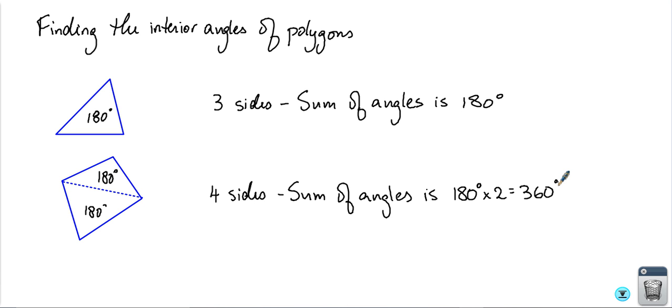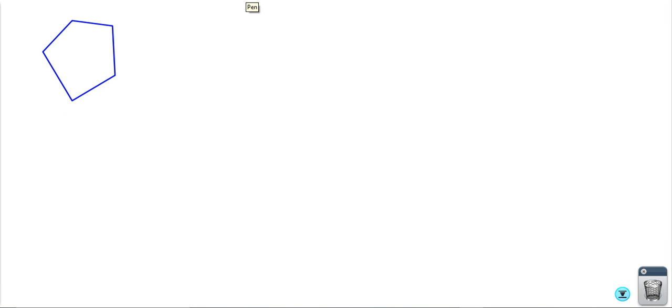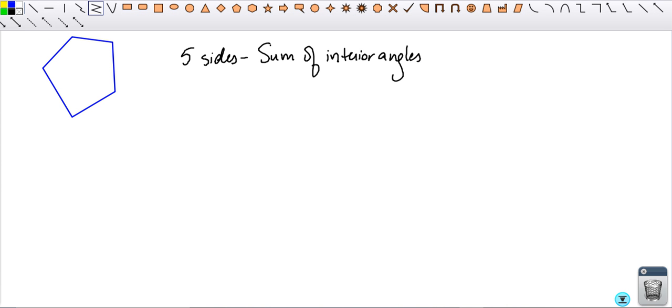Let's go to the next shape. Next shape is a five-sided shape. As you can see, it's irregular, okay, it doesn't matter. So it has five sides. What is the sum of interior angles? Again, let's divide this shape into triangles.